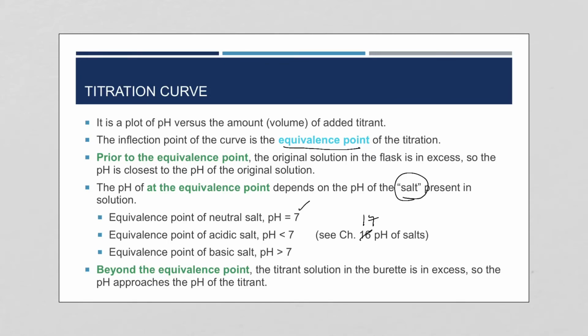If our conjugate base, right, the negative ion, will influence the pH, then we'll have a pH that is basic at the equivalence point. Now, if we keep adding beyond the equivalence point, whatever solution we're adding is going to be in excess, so the pH of our solution will be closer to the pH of the solution that I'm adding.